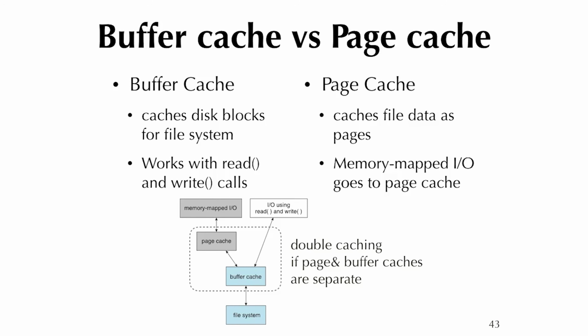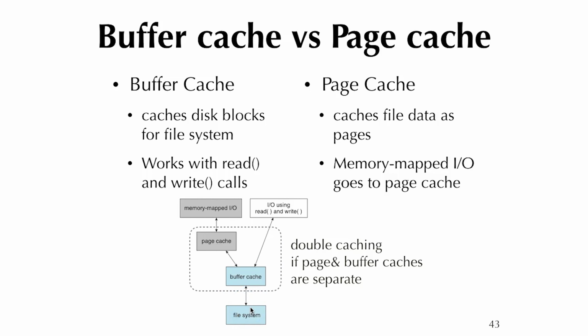Okay, so let's take a look at buffer cache and page cache. If you keep them separate, then you could have what's called the double caching problem. Why? Because, say here, you are doing memory mapped I/O, or you're doing the I/O using read and write. So if you're doing I/O read-write, what happens? Well, the OS says, oh, that's a disk operation, so it just accesses the buffer cache, right? And then file system.